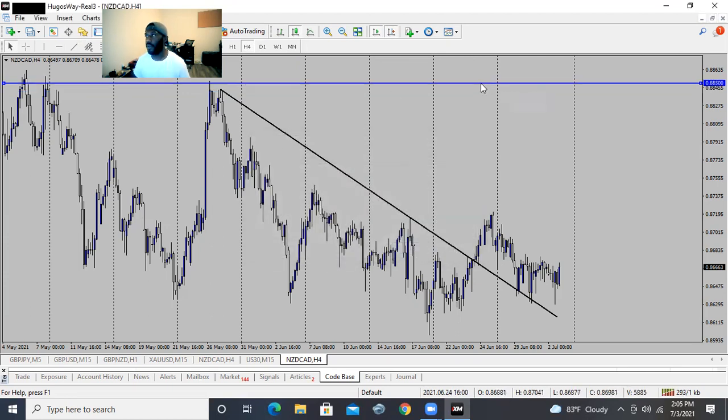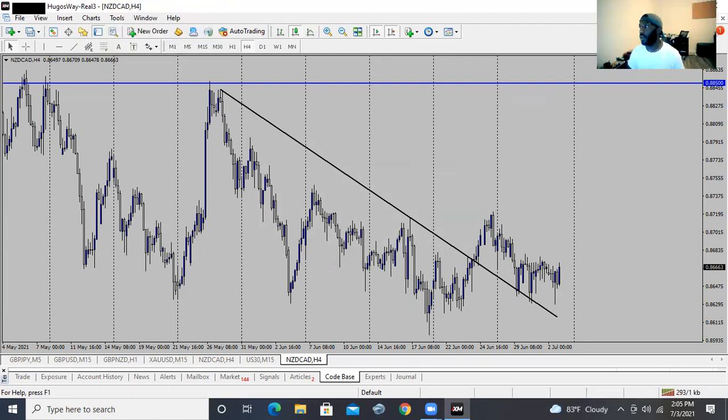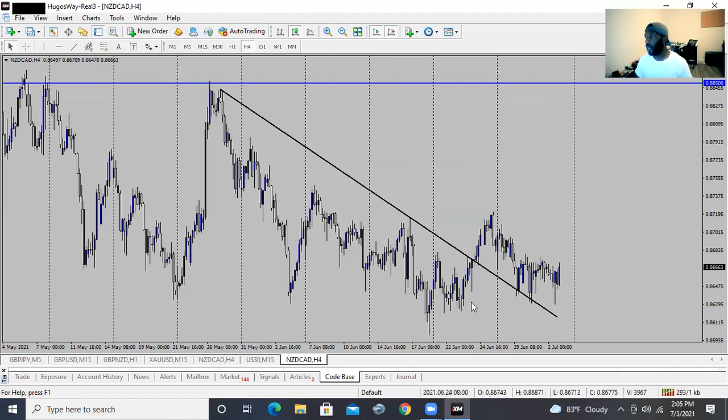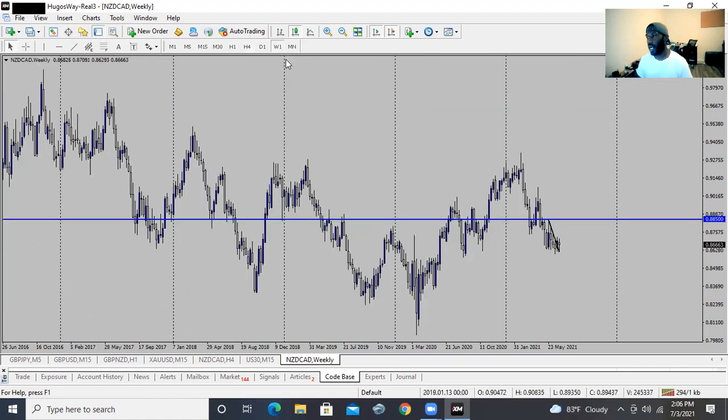Let's go to a higher time frame and see what the higher time frames look like. We have this level right here, which is also a previous level of resistance. If we go to the weekly time frame, the market broke below this level of support, which is also a quarter point.